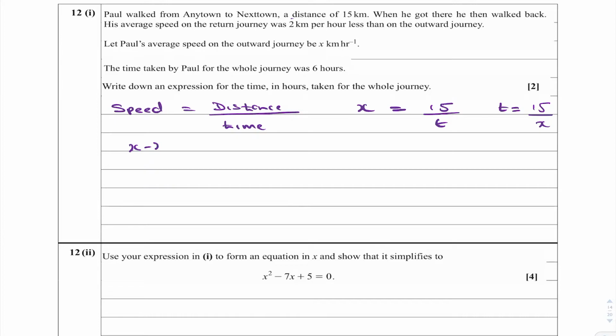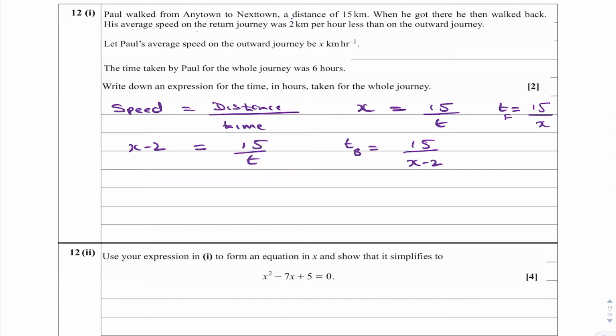For the return, x minus 2, because the average speed of the journey is 2 kilometers less than the outward journey, so x minus 2 will be equal to 15 over t. So this is the time for the forward journey, and the time for the backward journey will be 15 over x minus 2.